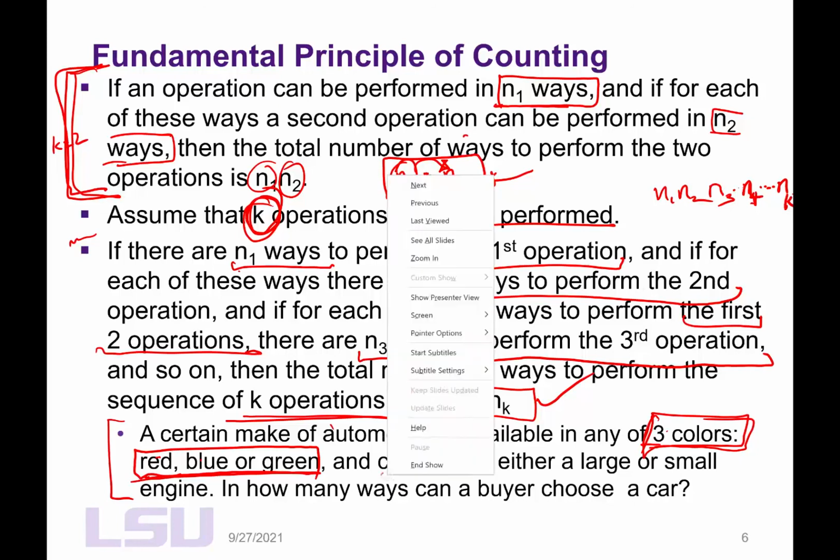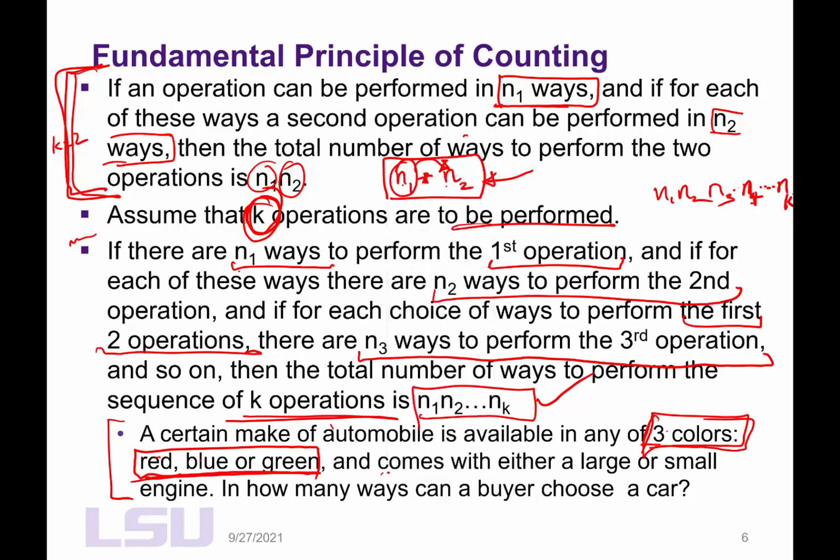So let me read it all over again. A certain make of automobile is available in any of three colors, red, blue, or green, and comes with either a large or small engine. How many options do you have there? 2. So n1 is 3. n2 is 2 because it can either be large or small. Nothing else.